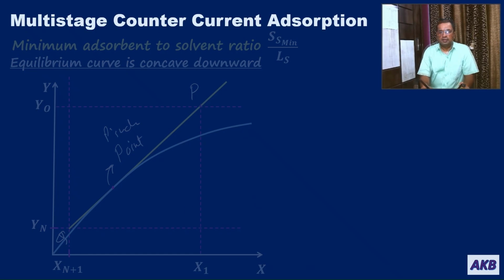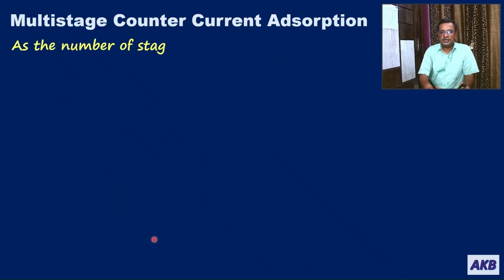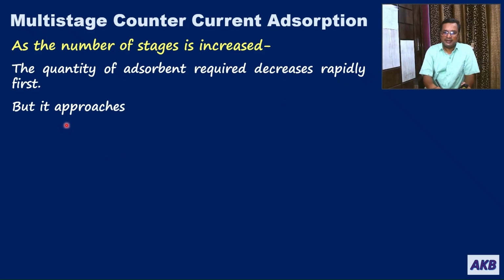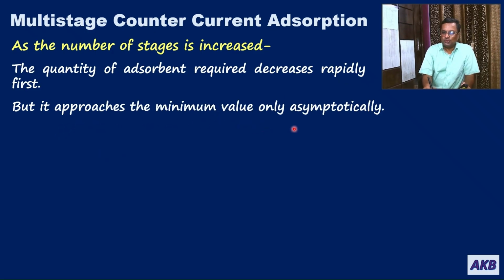Okay, so as the number of stages is increased in the cascade, what happens? The quantity of adsorbent required decreases. It decreases rapidly at first, and then it approaches the minimum value only asymptotically. So you can understand this with the help of this graph.